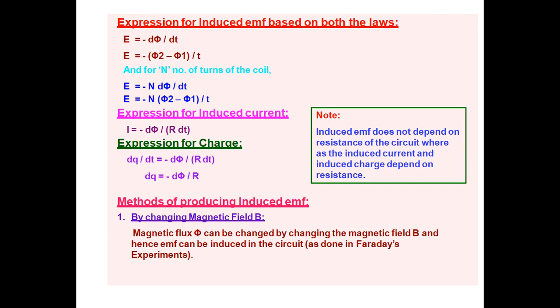The first one is by changing magnetic field B. The magnetic flux phi can be changed by changing the magnetic field B, and hence EMF can be induced in the circuit, as done in Faraday's experiments.